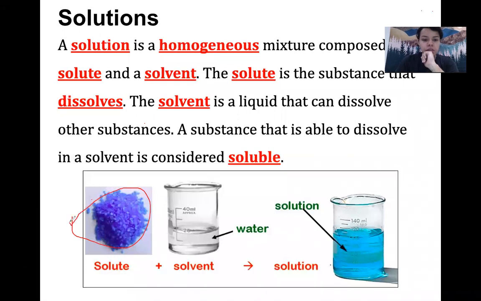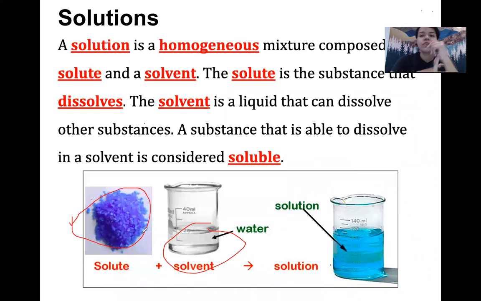This is copper sulfate, I believe, and let's say this is water. So the solute is the substance that dissolves, that would be the blue. And then the solvent is the liquid that can dissolve other substances, that would be the water, right? A substance that is able to dissolve in a solvent is considered to be soluble.